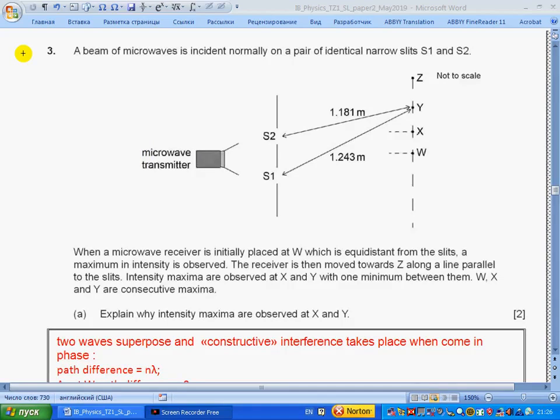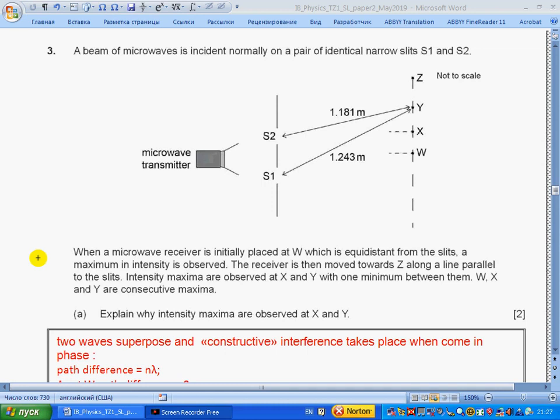Question 3. A beam of microwaves is incident normally on a pair of identical narrow slits S1 and S2. When the microwave receiver is initially placed at W, which is equidistant from the slits, a maximum in intensity is observed. The receiver is then moved towards Z along the line parallel to the slits. Intensity maxima are observed at X and Y, with one minimum between them.